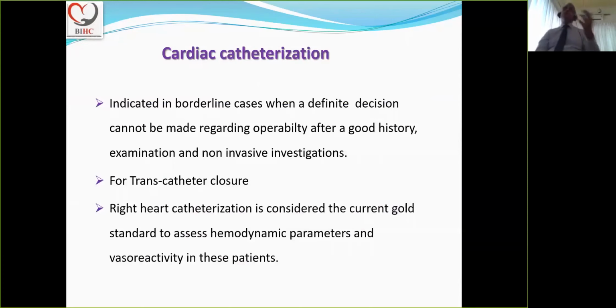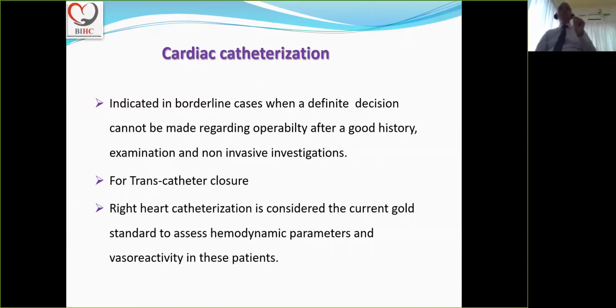The problem is common in countries like ours because you find a 10-year-old child with a large VSD, some evidence of a left to right shunt. Statistics tells you that at the age of 10 years, it is more likely that this child will be inoperable. But you look for subtle signs of increased shunt, but you need a little more definitive data to send the child to surgery. And that is an indication for a cardiac catheterization.